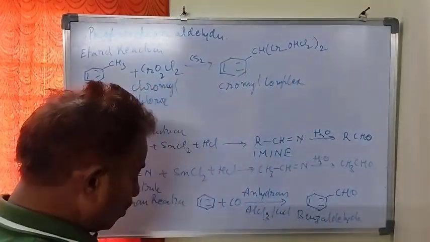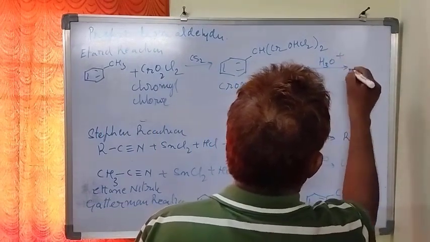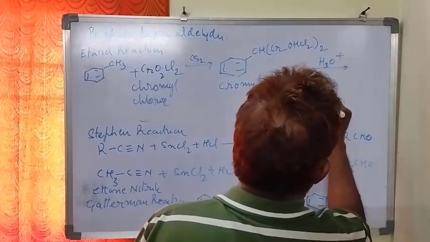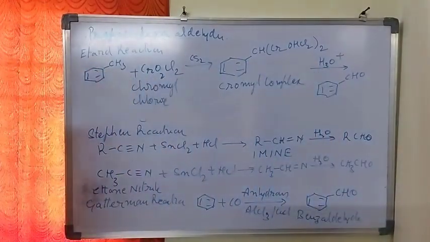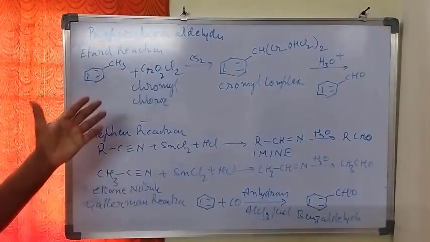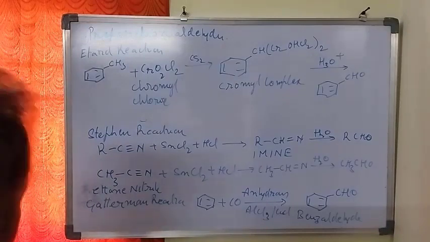So this chromyl complex is hydrolyzed, acid hydrolysis, therefore we get the product benzaldehyde, CHO. So in all these four reactions, that is Rosenmund's, Stephen, Gattermann and Etard reactions, the final product is aldehyde, aryl aldehyde or alkyl aldehyde.